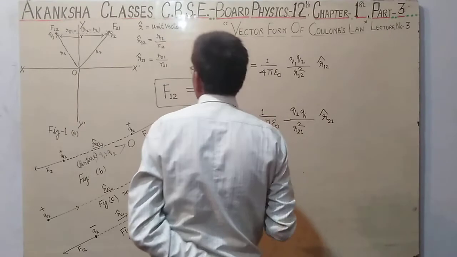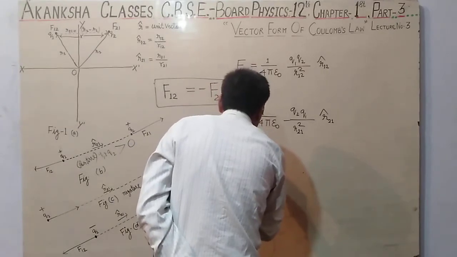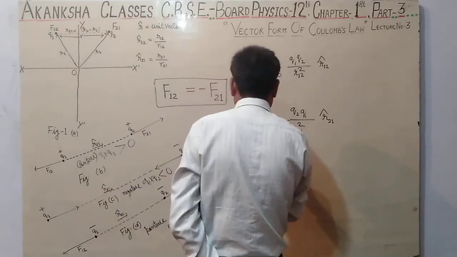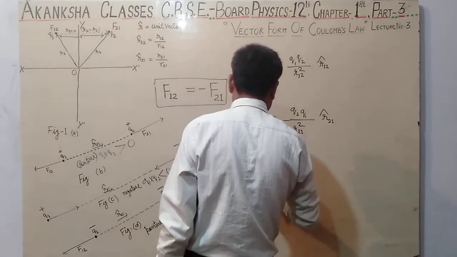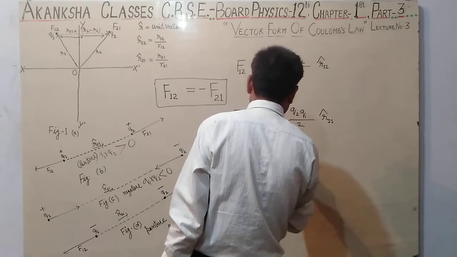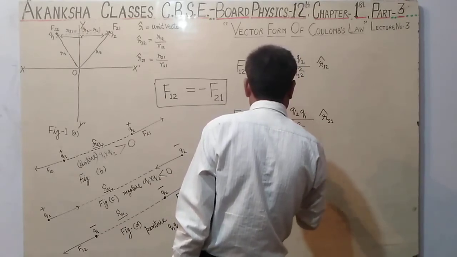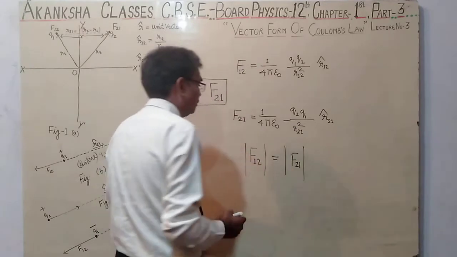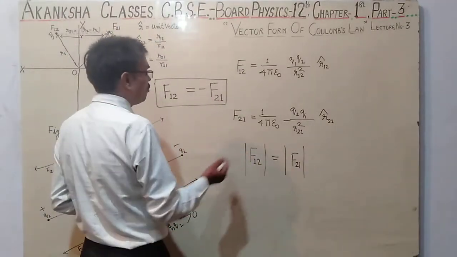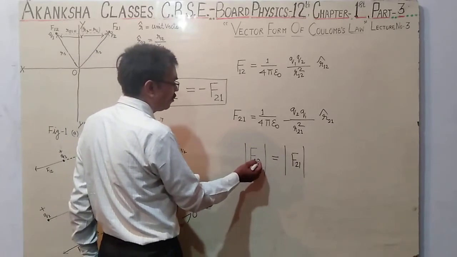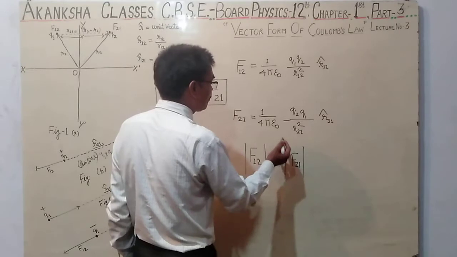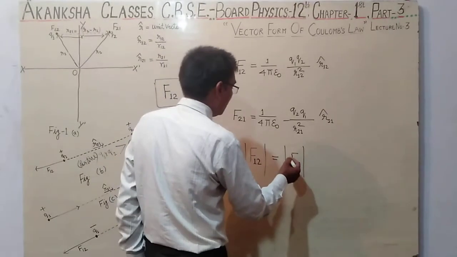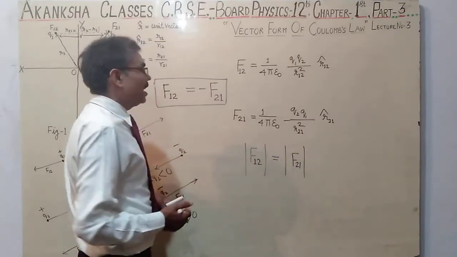The magnitude of force applied by 2 acting on 1, this means the absolute value of force on 1 due to 2 is equal to the absolute value of force on 2 due to 1. This means their magnitudes are equal, only the directions differ.